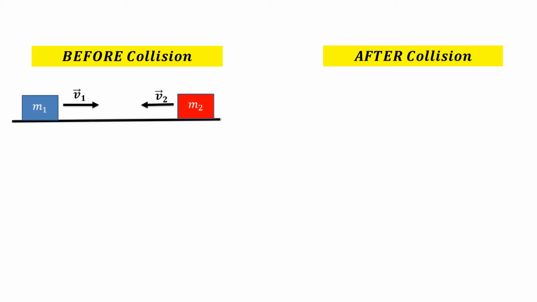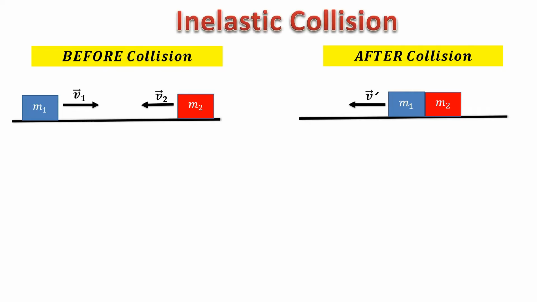There is another collision in which, after collision, they will stick together. In this case, we call this inelastic collision, in which the two masses combine, so mass 1 plus mass 2, and we will only have one velocity, which is V prime. So this V prime is the velocity of these two masses that stick together and move in the same direction with the same velocity.